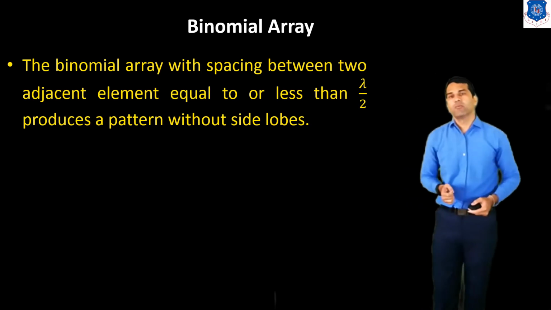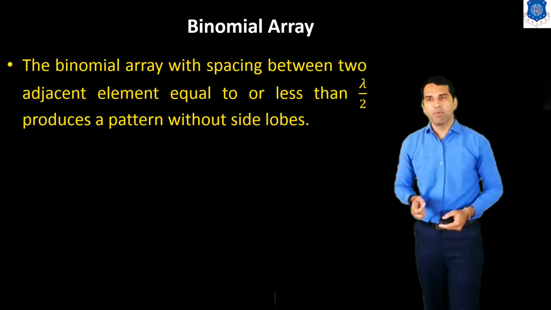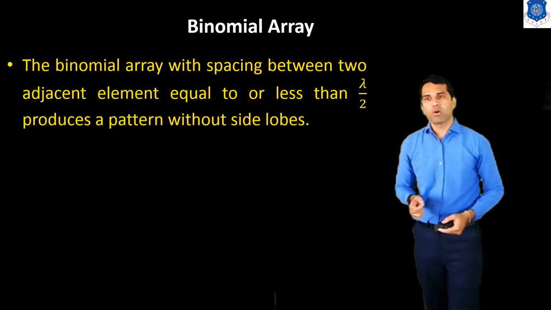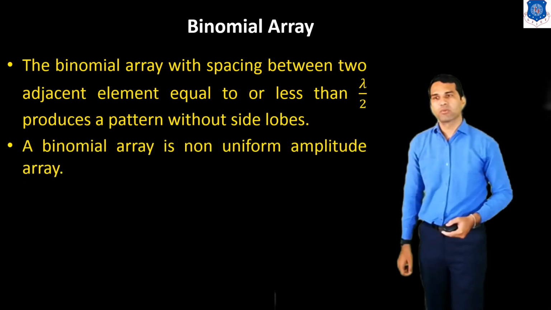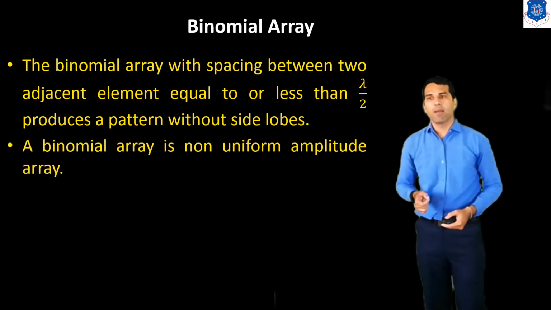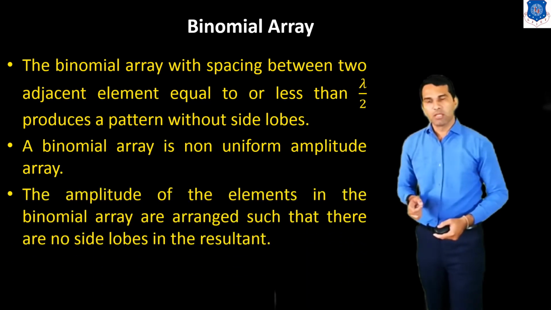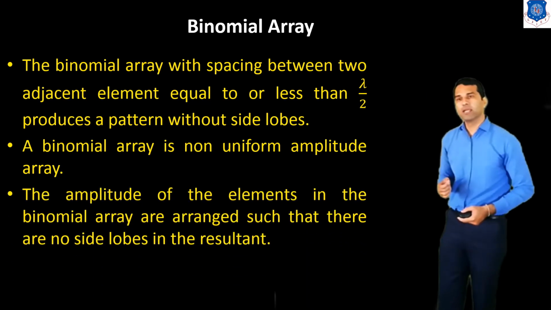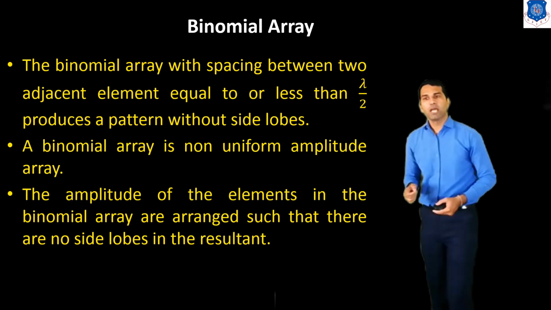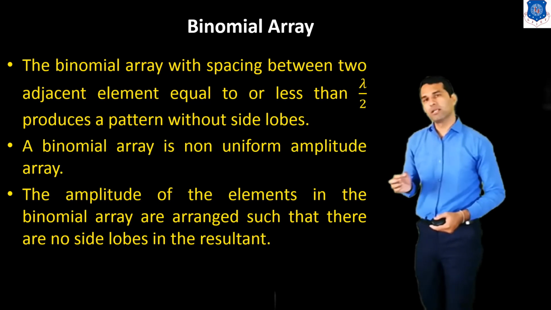The binomial array with a spacing between two adjacent elements equal to or less than lambda by 2 produces a pattern without side loops. A binomial array is a non-uniform amplitude array. The amplitudes of the elements in the binomial array are arranged such that there are no side loops in the resultant.